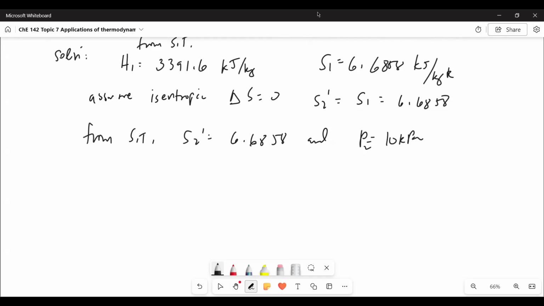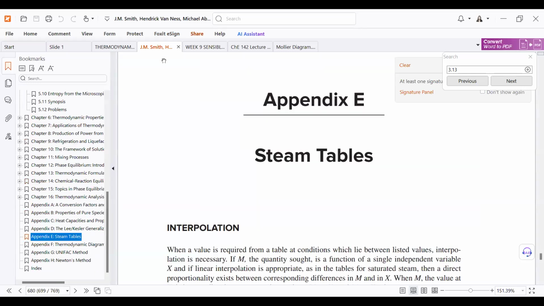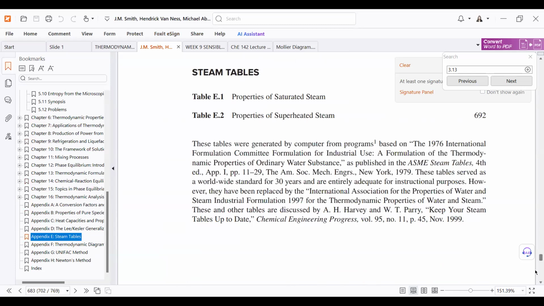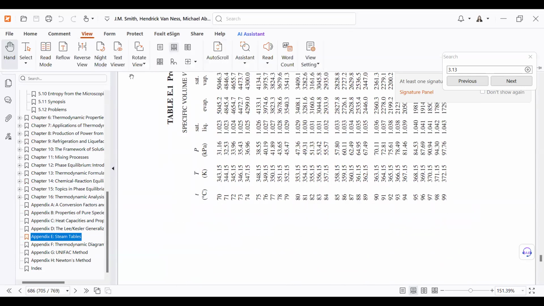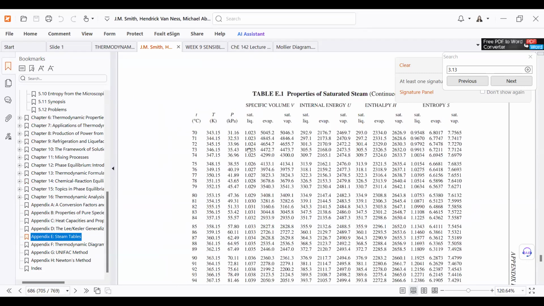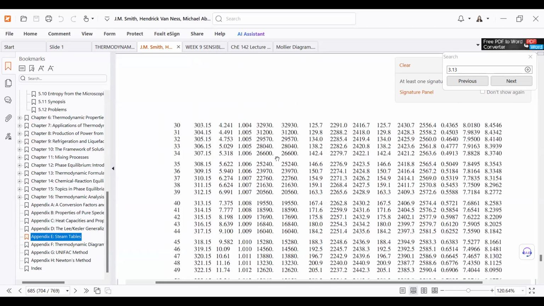Let me go to the steam table so I can show you. You find the 10 kilopascal, then from the saturated side.